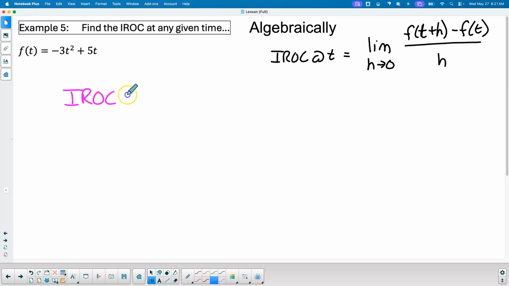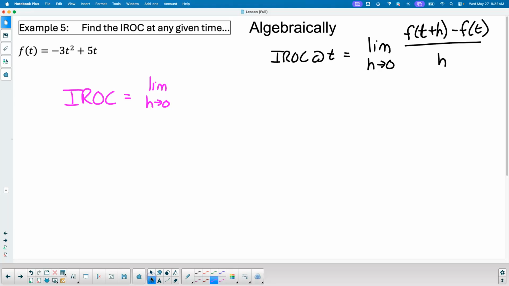So if I want to find my IROC at any given point in time t of this new function, that's going to be the limit as h approaches 0 of f of t plus h. Hold on, I'm just spatially figuring out what I want to do here, because I would be rewriting that exact same thing. Okay?